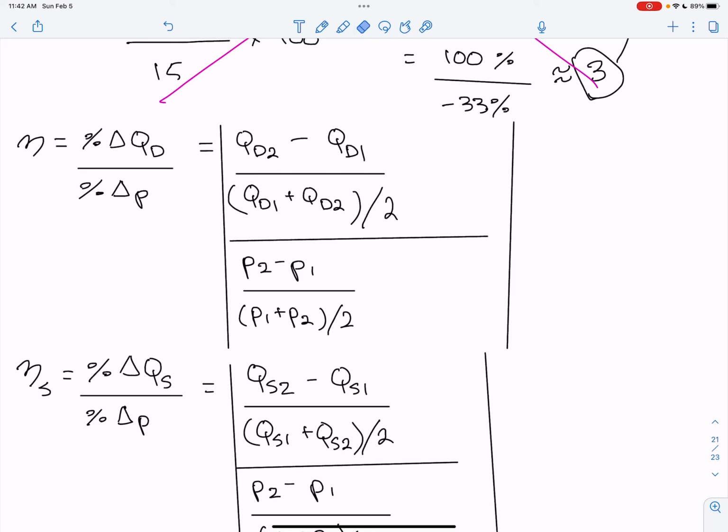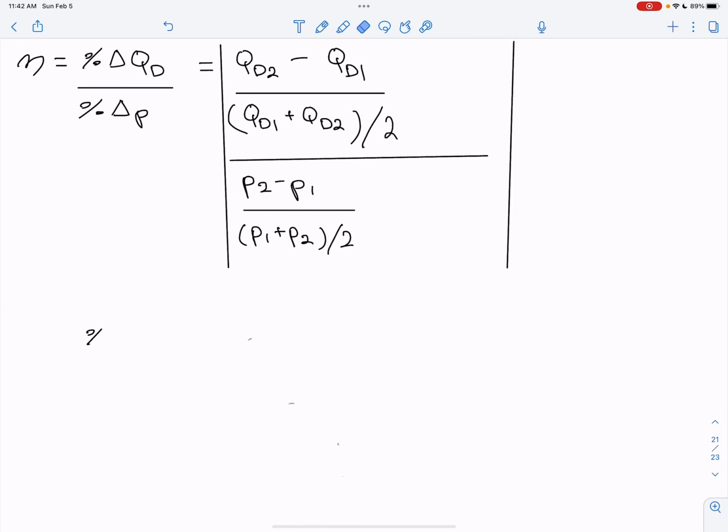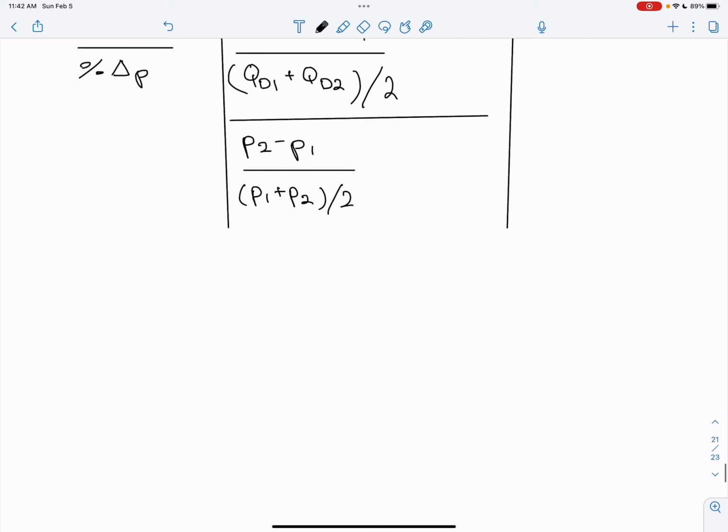Okay. Now we can get to our calculations. So, let's take the first case where price goes from 10 to 15, and in response, quantity demanded goes from 100 to 50.